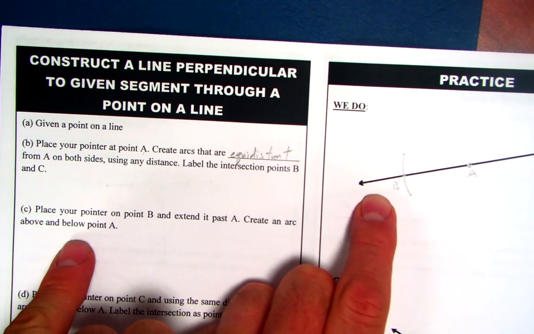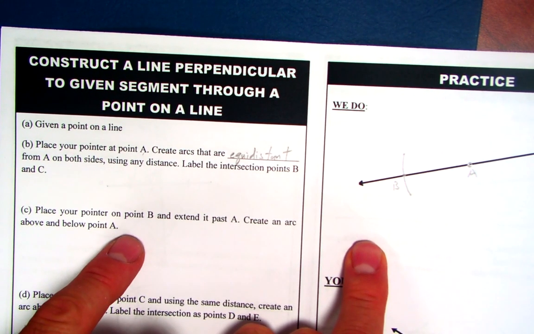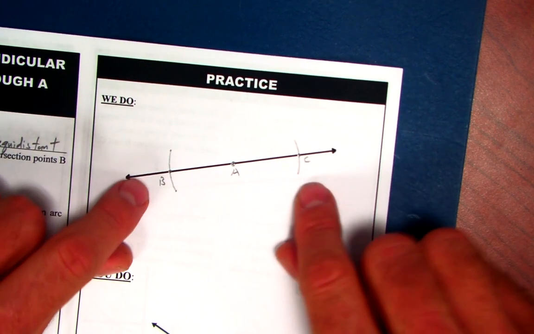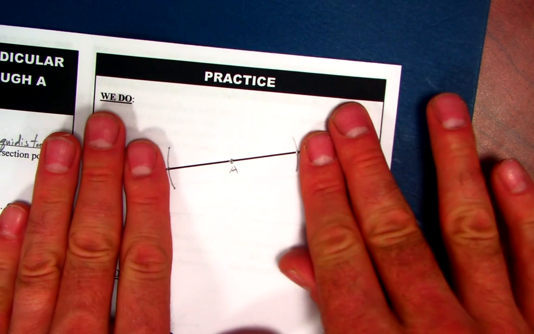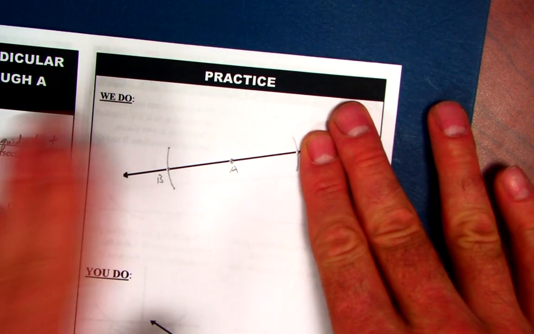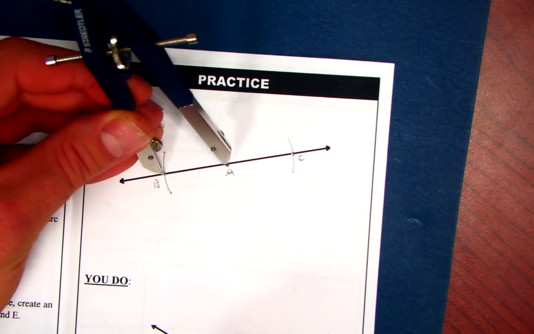Okay, our next step is to place your pointer on B and extend it past A and create an arc above and below. Well, essentially, from here on out, it's the same as the process before. We just took our line and made it into a segment, and we're going to bisect that segment. Okay, so from here, it's steps you're familiar with.